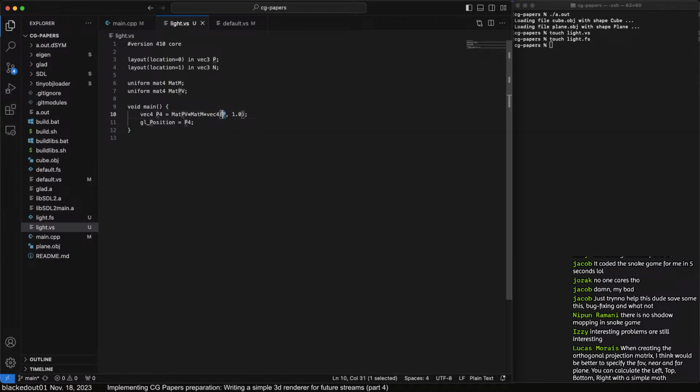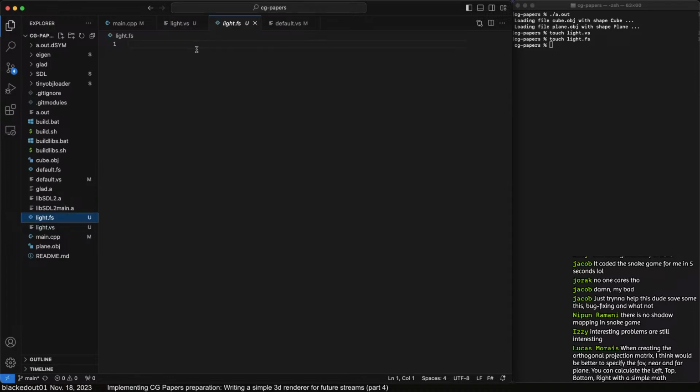So we take our input point, transform it like previously, and then we apply the light view and projection matrices, and pass this thing to the fragment shader. And the fragment shader is now even simpler.